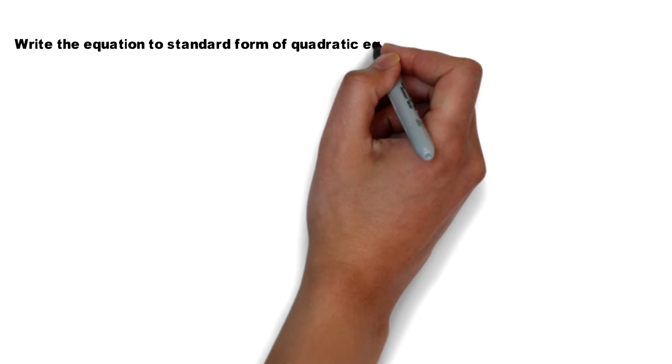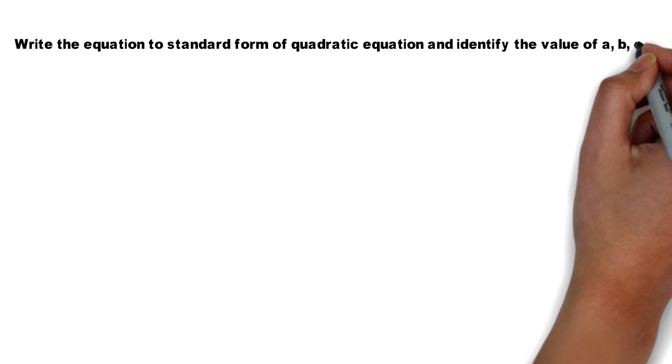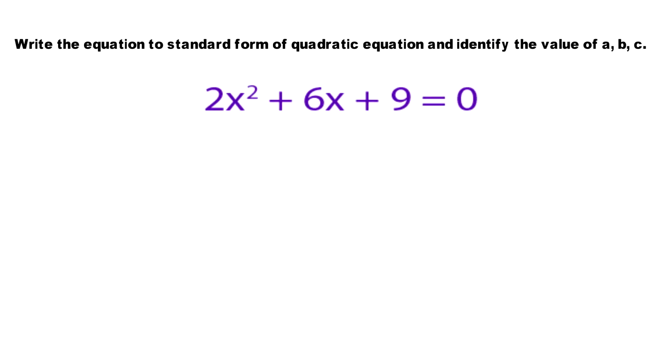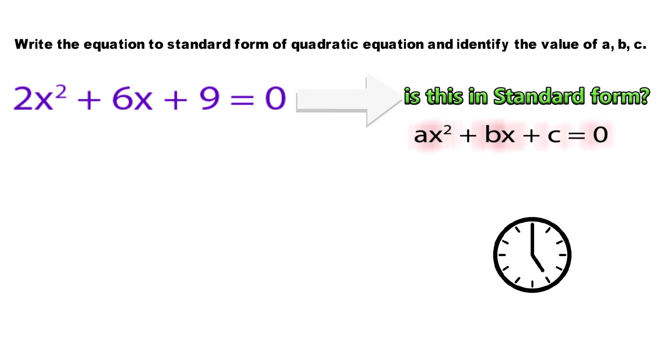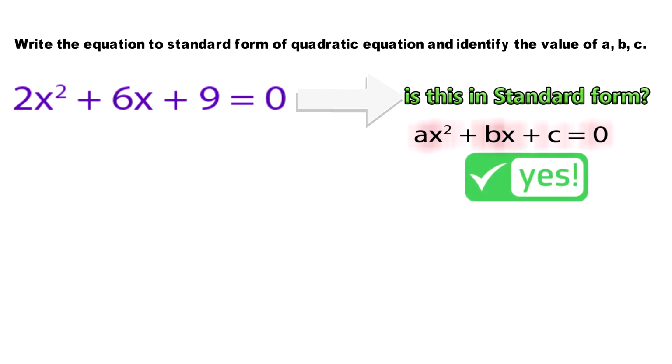Write the standard form for a quadratic equation and identify the values of a, b, and c. Example: 2x squared plus 6x plus 9 is equal to 0. First is to check if the given equation is in quadratic standard form. Is this in standard form? Definitely, yes.